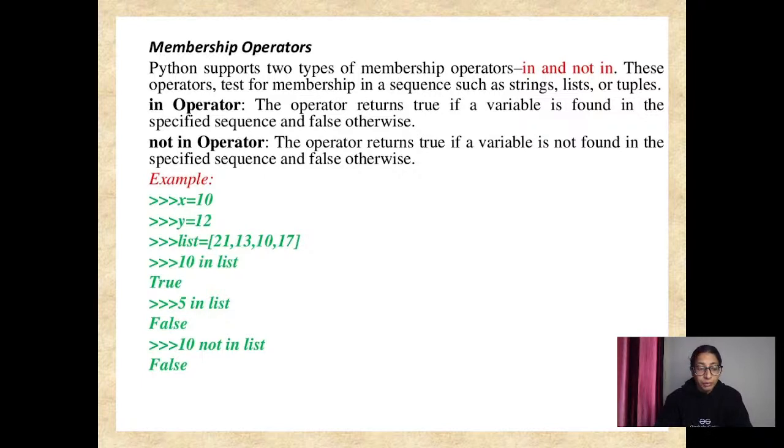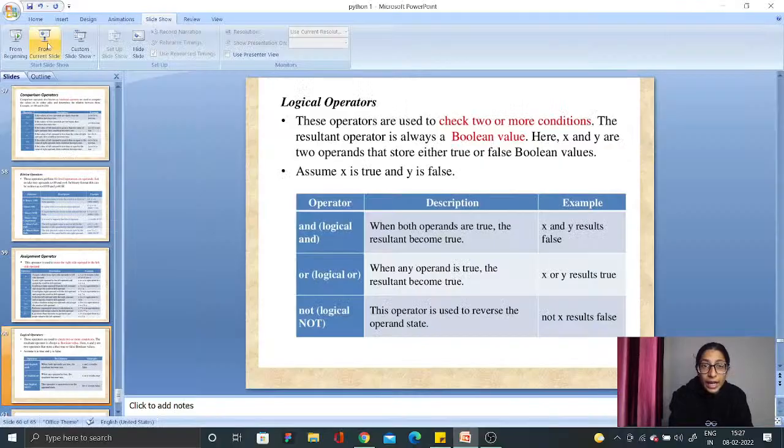The in operator returns true if a variable is found in a specific sequence and false otherwise. Similarly, the not in operator returns true if a variable is not found in the specific sequence and false otherwise. This is how membership operators are used, not in and in.